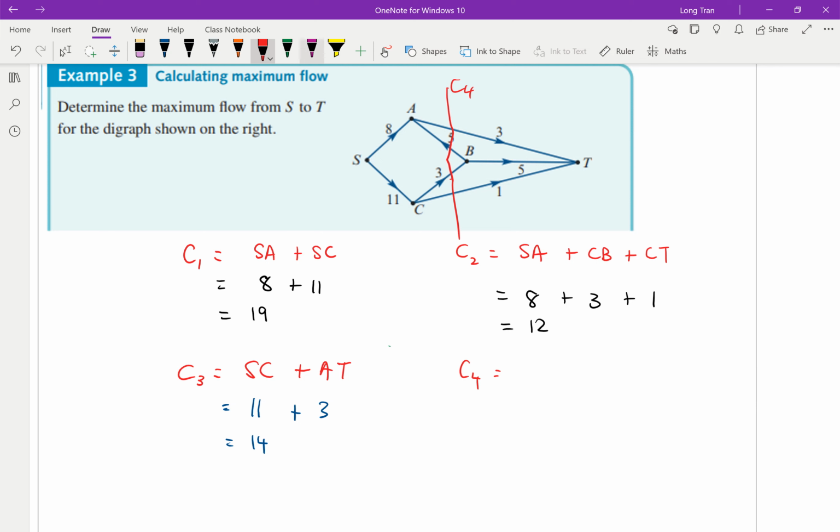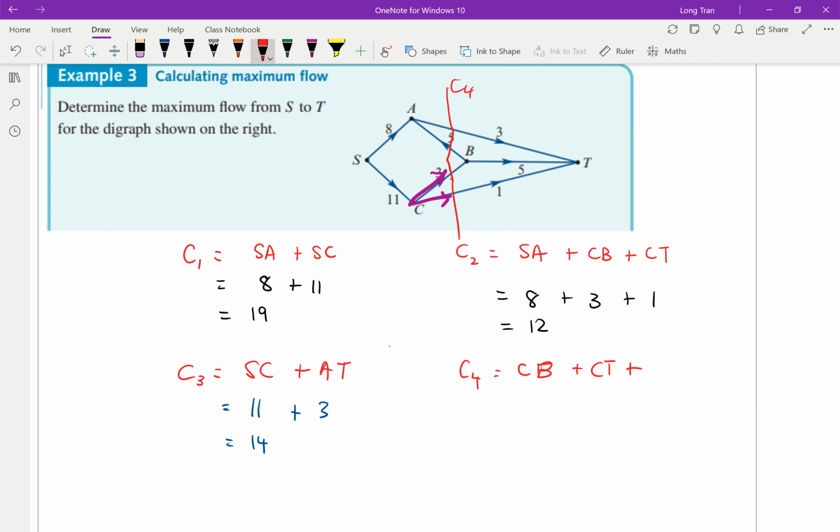We can see that from C to B is coming from the source to the sink as well. So CT is included as well. So CB, CT, so I should write this down in red. CB, CT, where else is there?